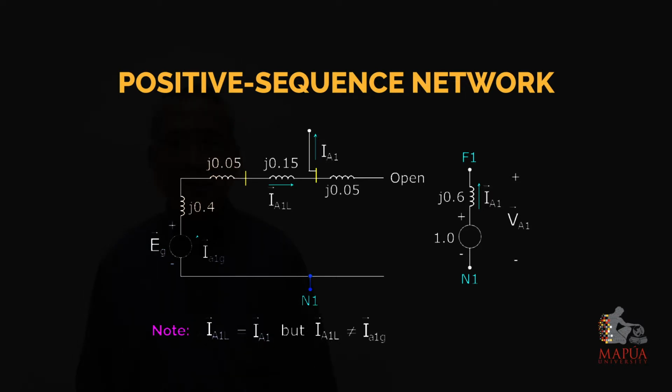You have the generator value of 1 per unit, j0.6 is the sum of all the impedances in that positive sequence network, and you have the voltage Va1 measured between the neutral point and the faulted point F1. Note that in that positive sequence network, Ia to the transmission line is not equal to the generator current Ia flowing to the generator, but it will be equal to the current flowing to the faulted point F1.